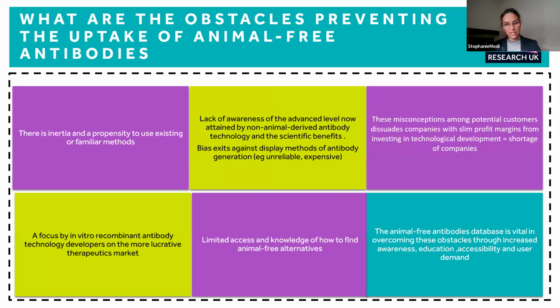So there's some initiatives that are going on at the moment, for example, the recombinant antibody challenge, whereby researchers are being encouraged to try a recombinant antibody alongside their polyclonal, so they can compare and contrast and be assured that the recombinant will work just as well as what they're using.